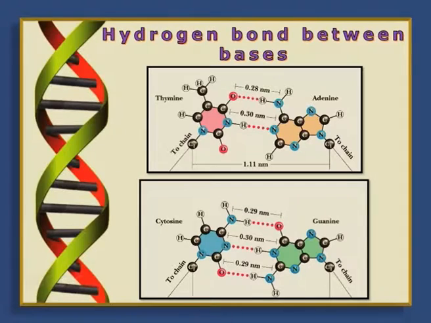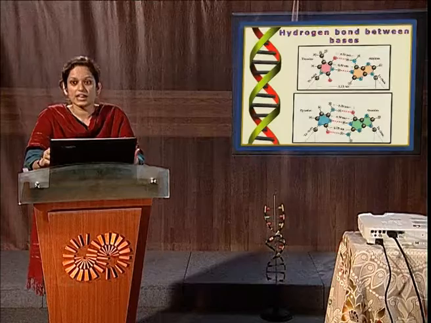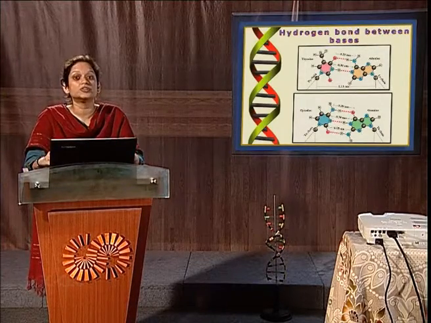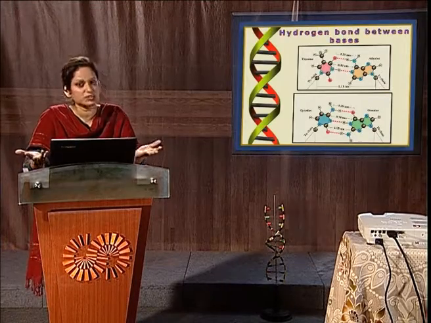As we can see in this case, adenine always base pairs with thymine, and guanine always base pairs with cytosine, irrespective of whatever happens. This is due to hydrogen bond formation between the heterocyclic bases. It also controls the fidelity of important physiological processes like DNA replication and DNA transcription.